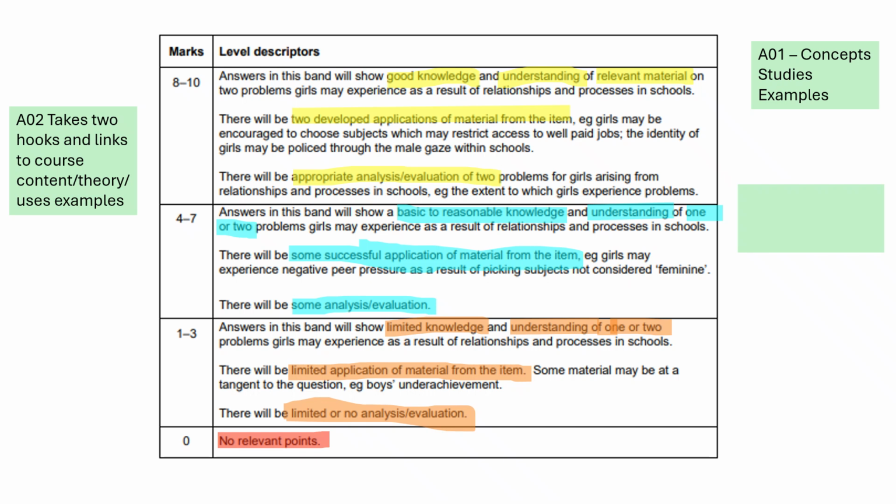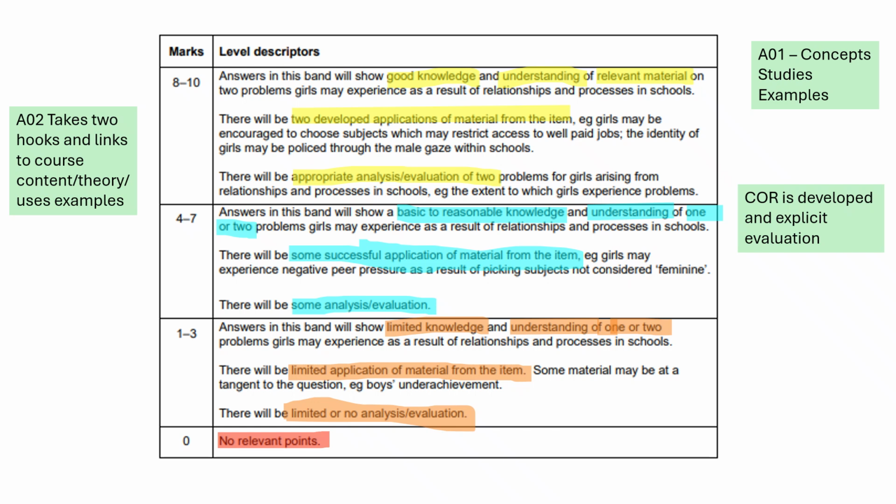You've got to take 2 different hooks and link that to what you've learned. So hook onto it and explain it in the most detailed way. Link it to a theory. There'll be hints of the answers. They want you to join the dots. They want you to connect the hook to a theory, to a perspective, to an idea or an example, a reason that you would have learned during your 2 years studying sociology.